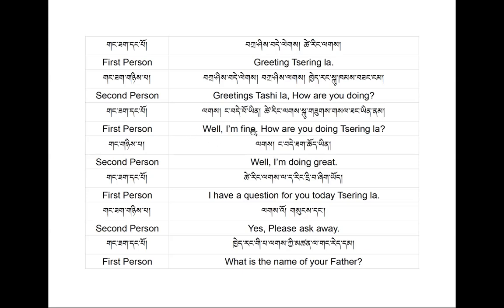Because in Tibetan poetry, we have a rule which tells us that each line of a particular verse should have the same number of syllables. So if we write nge, it becomes just one syllable, whereas ngai becomes two syllables.